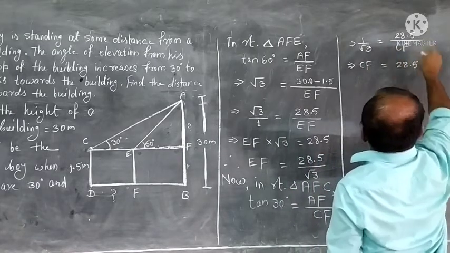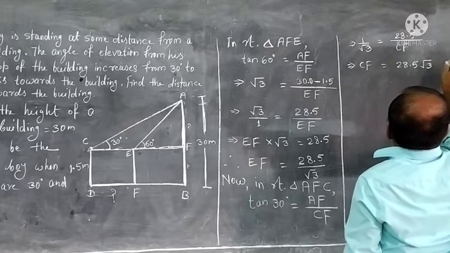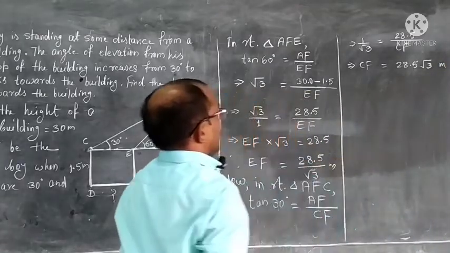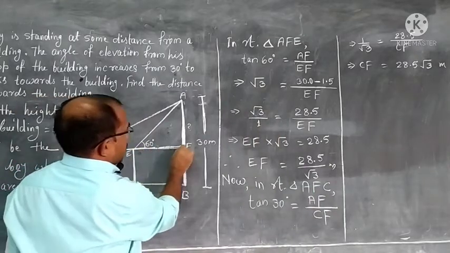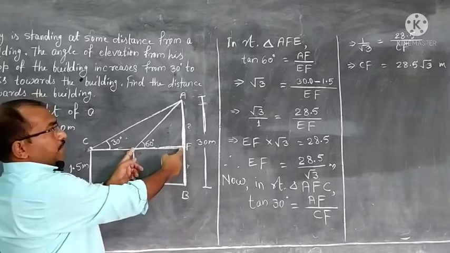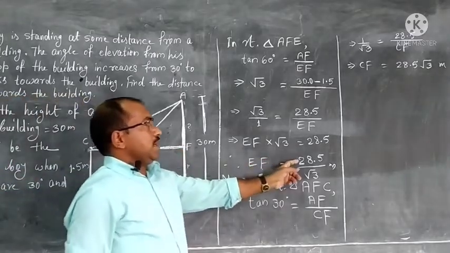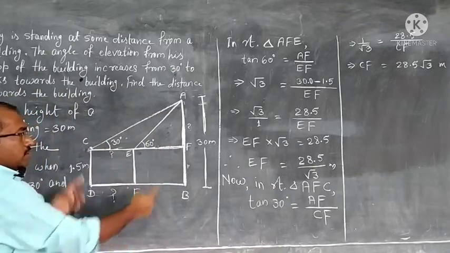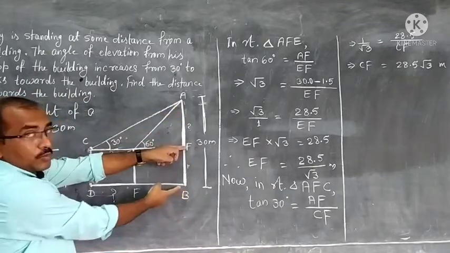CF will be equal to 28.5 root 3. Now, let us see, this is meter, this was also meter. This full side we have got 28.5 root 3. EF is 28.5 by root 3. So, how we will find this distance? Just like this 30 minus 1.5.